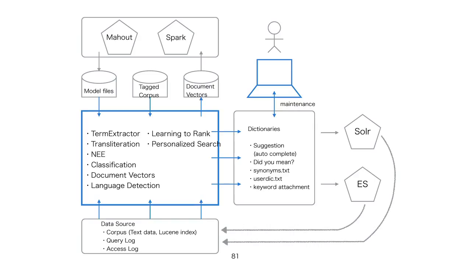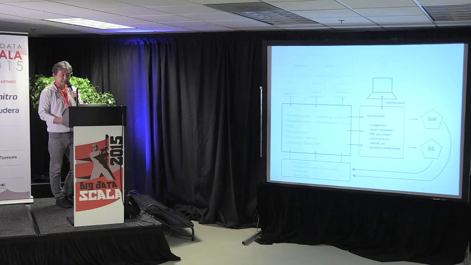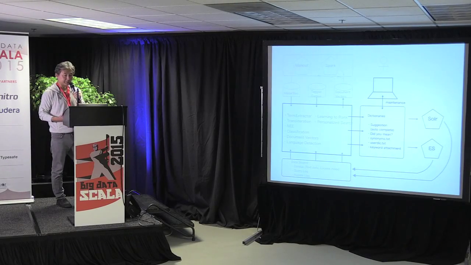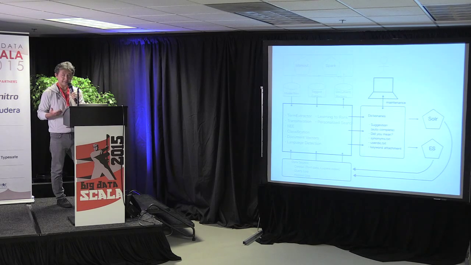In some cases, external machine learning tools, such as classification, are used. Because NLP and machine learning are not perfect, we provide a GUI that enables you to personally examine them. You can deploy these dictionaries to Solr and Elasticsearch from the GUI.